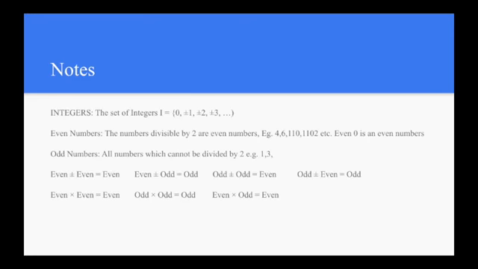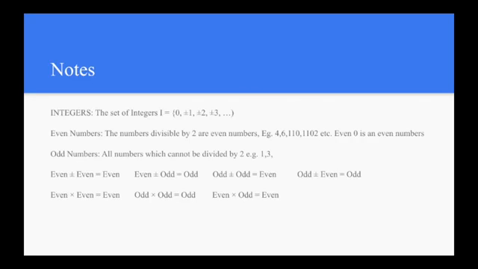Now, certain basic arithmetic calculations are necessary for everyone to learn, because these are normally asked in a GMAT examination. These are: even plus even, or even minus even, will always give me an even number. Even plus odd, or even minus odd, would always give me an odd number. Even multiplied by even would give me an even number.